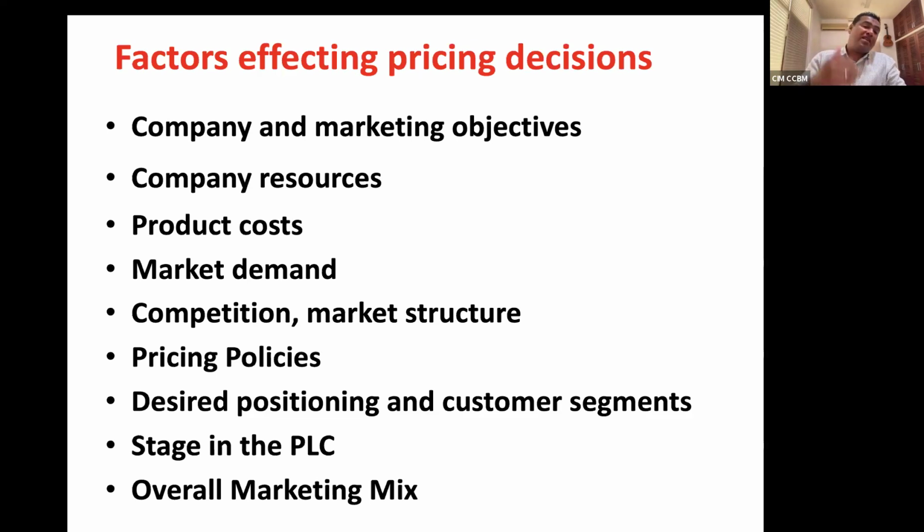So there are so many factors that you will go through before deciding on price. You won't just say, this is my cost, let me add this amount and determine price. Most of the time you will look at the demand, the level of competition, what are your objectives, and the cost structure before you determine your price.